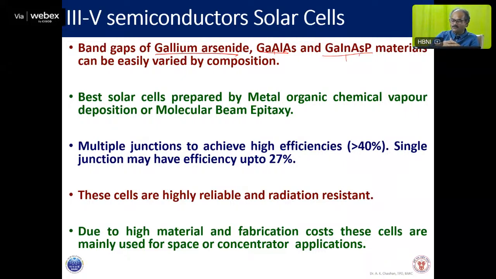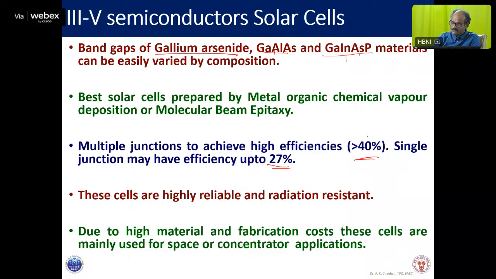That way, by using multiple junctions, you can achieve higher efficiency. More than 40% efficiencies have been achieved. In single junction, as we saw, the theoretical limit itself is around 33%. But in the laboratory, people have achieved up to 27%. That is the maximum one has achieved.